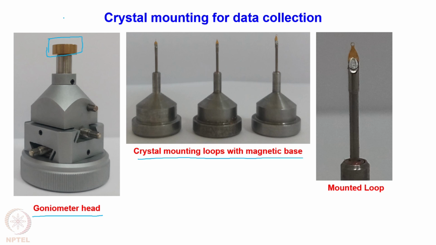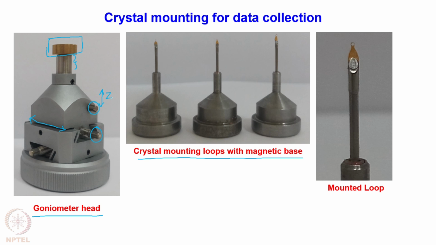So, to do that, this goniometer head has 3 screws. One is here, which allows you to increase or decrease the height of this goniometer head. So that controls this height. Here is a screw which can be rotated to move the goniometer head along the direction of x.